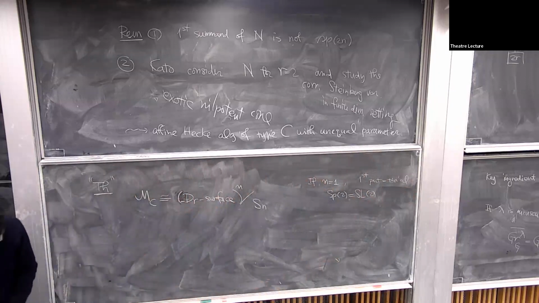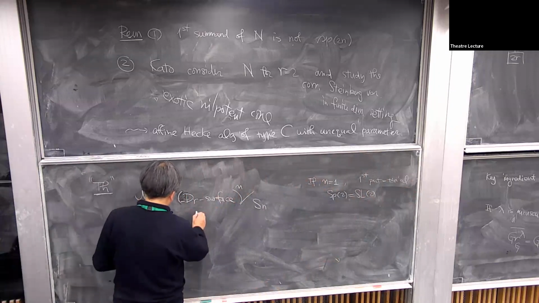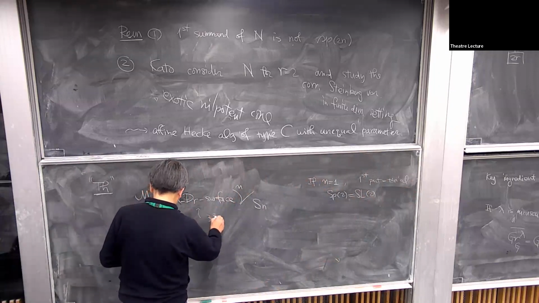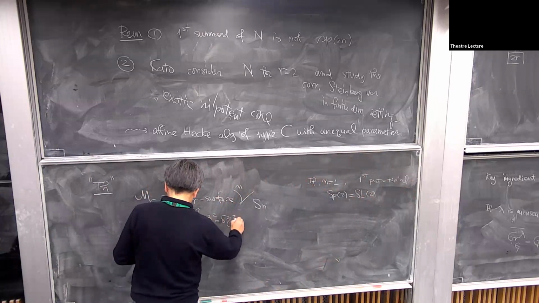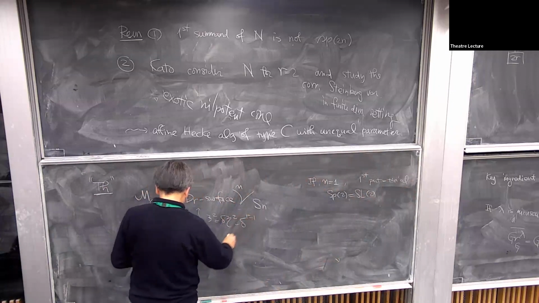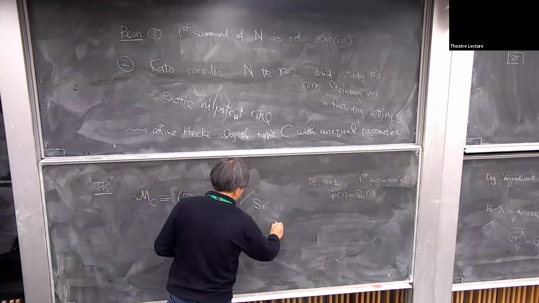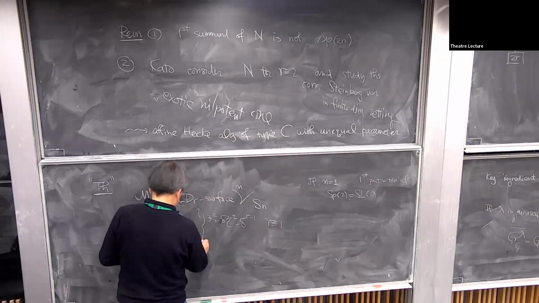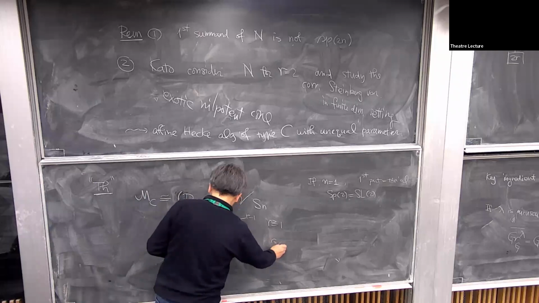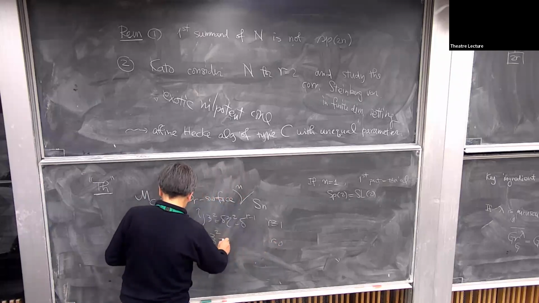Maybe I write again the defining equation. So this is C squared is delta A plus square. So this is the usual one, but you allow R to be greater than 1, and R equal to 0 case is a little bit exceptional, and it's good.